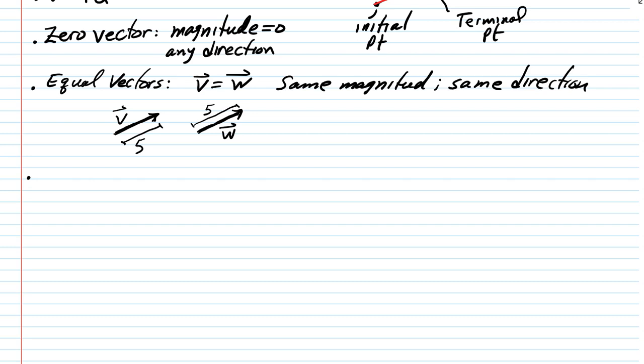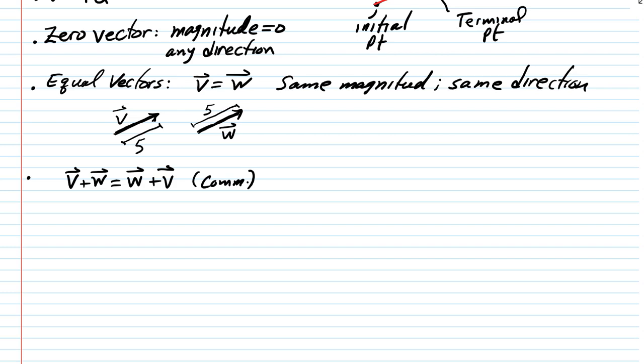When it comes to properties of vectors, there are a lot of interesting properties that work almost like those of real numbers. So for instance, vector addition is commutative. The addition of two vectors is commutative, so it doesn't matter how you add them: v plus w, w plus v.